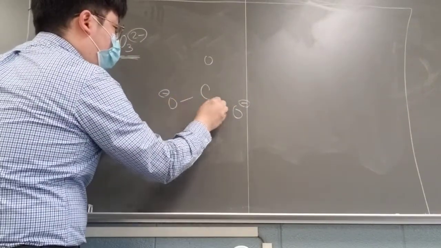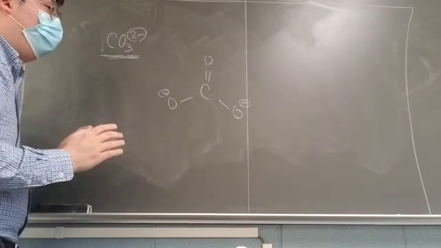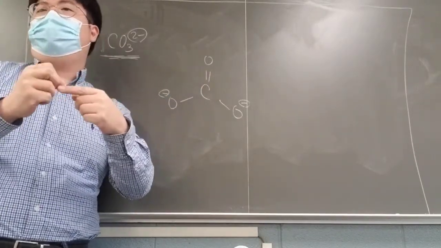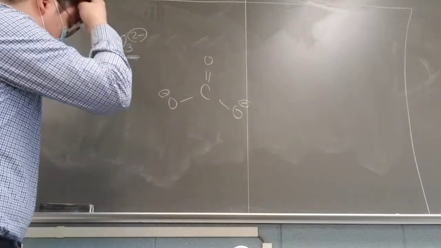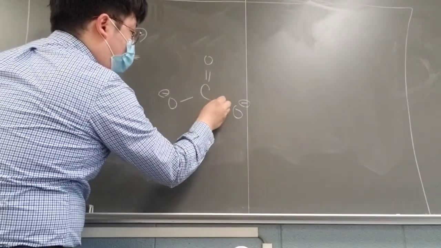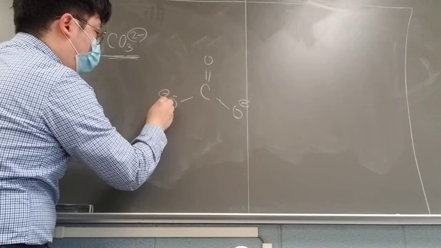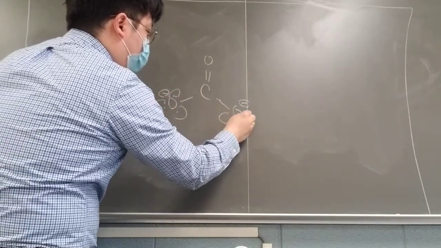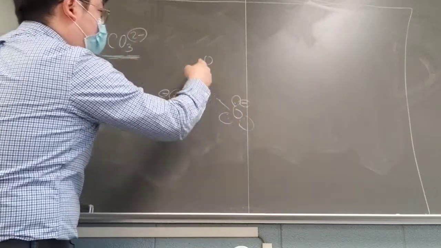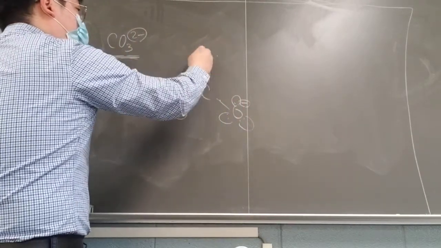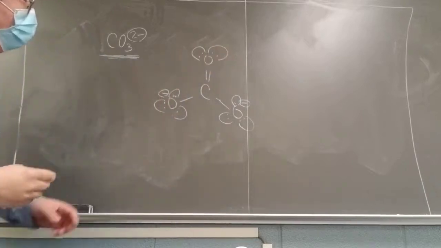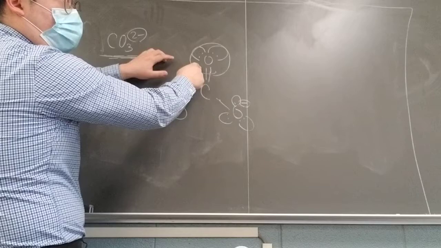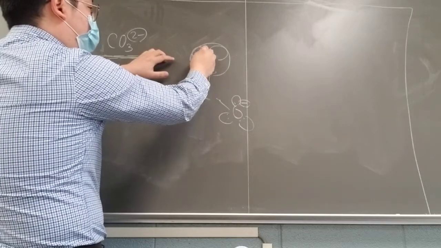And here's one more tip. Whenever you have an oxygen with only a single bond, that is the one that's going to have a negative charge, because the one with only a single bond has 3 lone pairs. The one with the double bond has only 2 lone pairs. So if you count the electrons around this oxygen here, it will be 6: 1, 2, 3, 4, 5, 6.